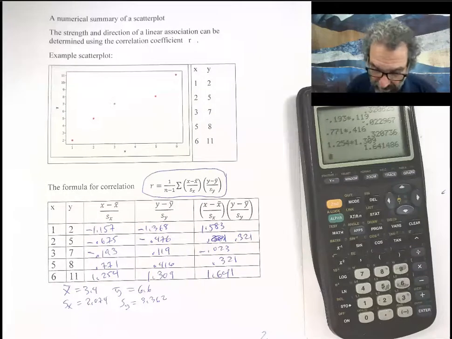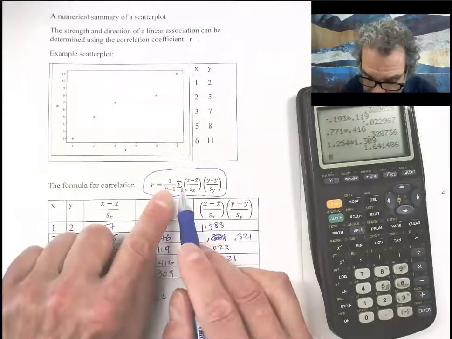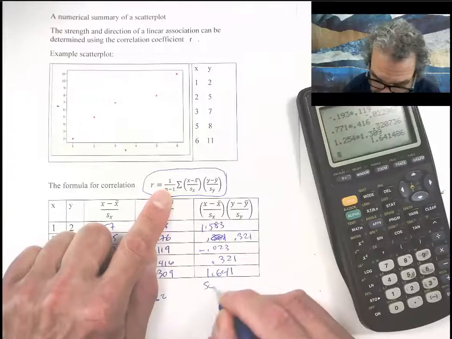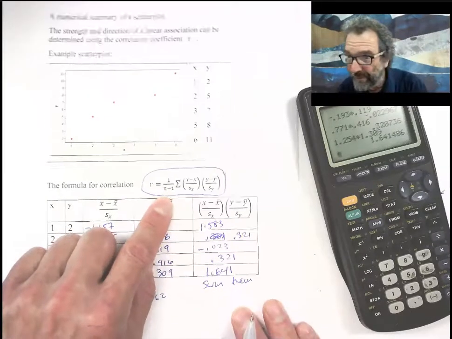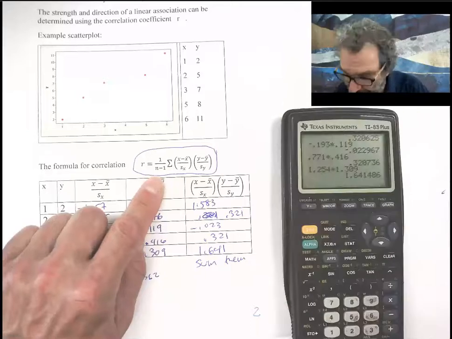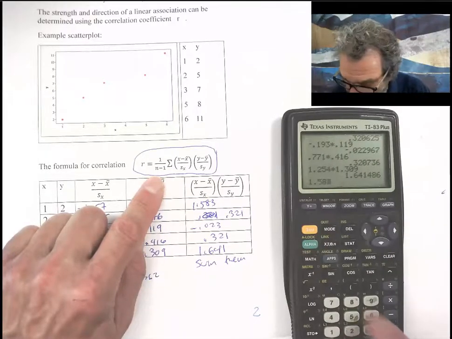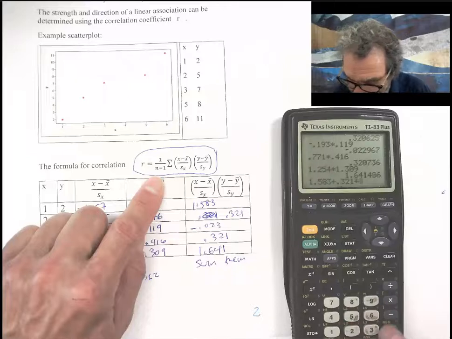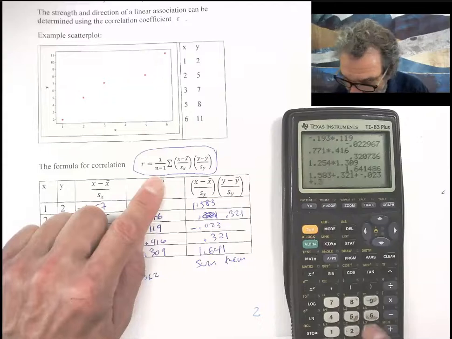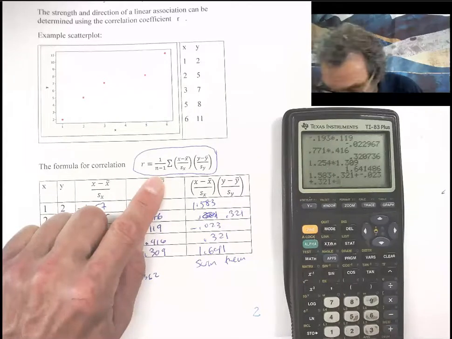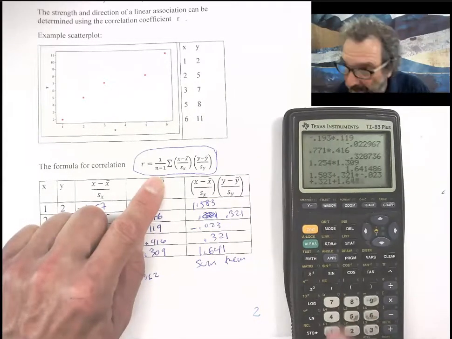Okay, keep going with the formula. It says we're going to add these up, and then we're going to divide by 4. First, we'll add them up. 1.583 plus 0.321 plus negative 0.023 plus 0.321 plus 1.641.